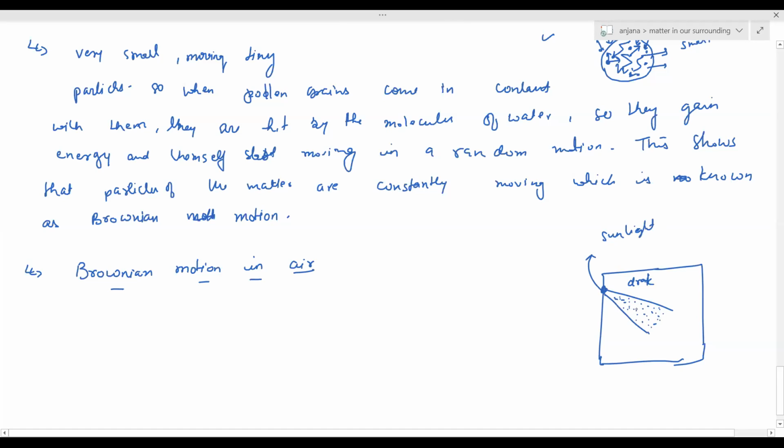So what is happening there? These particles, are they stationary or moving? Moving. That is what Brownian motion is. These tiny dust particles present in air cannot be seen when there is light everywhere, but in a dark room with sunlight coming from the window in a ray of light, you can see all the dust particles.